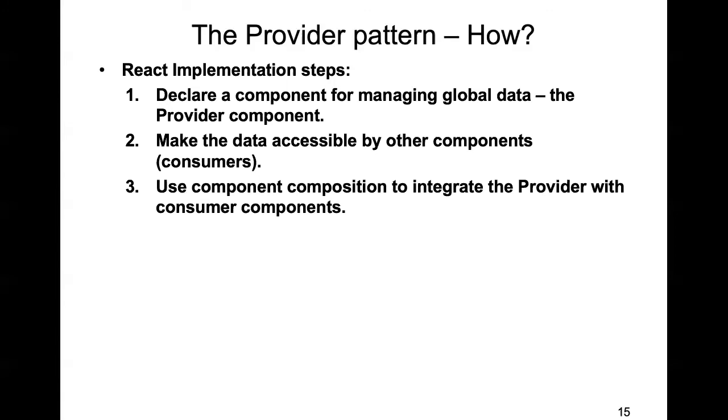And number three, we somehow compose the component in number one, the provider, with the components in number two, the consumers. I'm doing the composition using the container pattern. So that's a very high level explanation of how we implement this provider pattern.